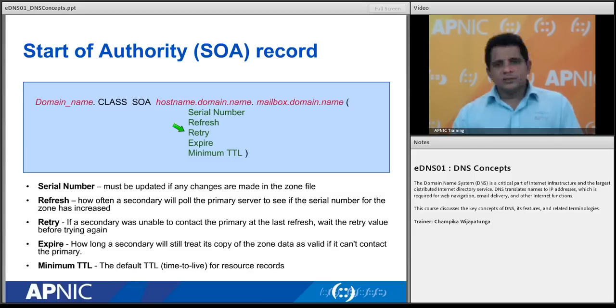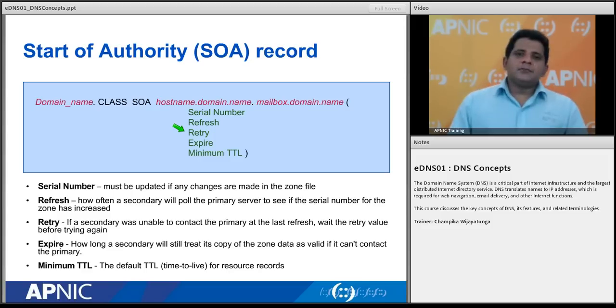And then the third thing is retry. Let's say I'm not contactable, if the primary name server is down for some reason, then the secondary server will retry. It will come and retry.